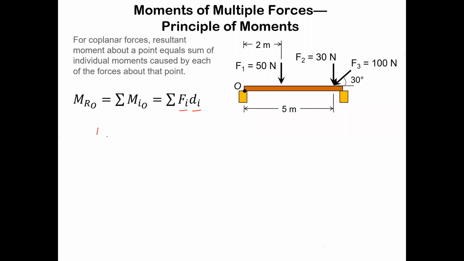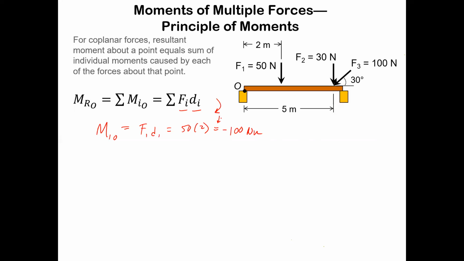So M1O, the moment of force 1 about point O, is going to be F1 times D1, its moment arm, which is going to be 50 times 2. And it's going to be clockwise. I think they're all clockwise. And that's going to make it minus 100 Newton meters, right?